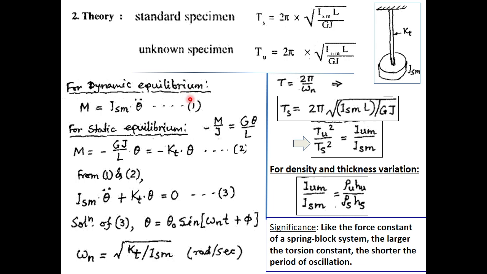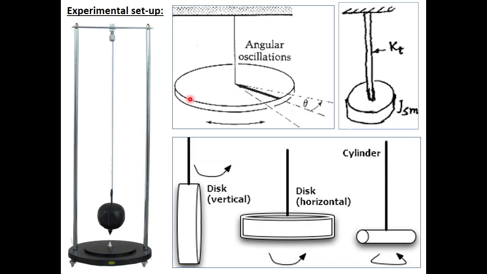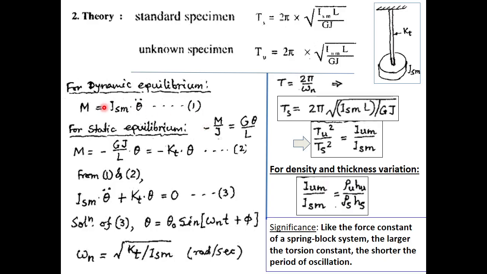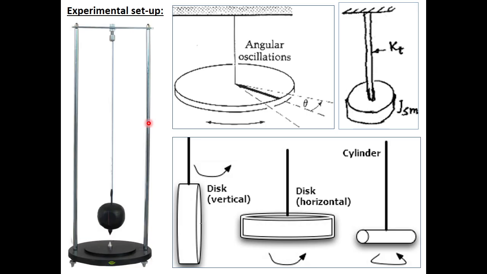Now, say we consider the situation when it is not oscillating. First, we have given this twist of angle theta, so I have applied a moment there. That same moment, when it is in static condition, is coming from the restoring force of the torsional stiffness of this thin wire, right?